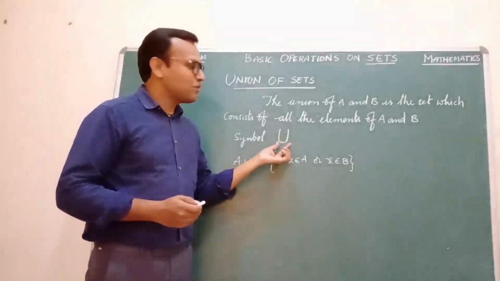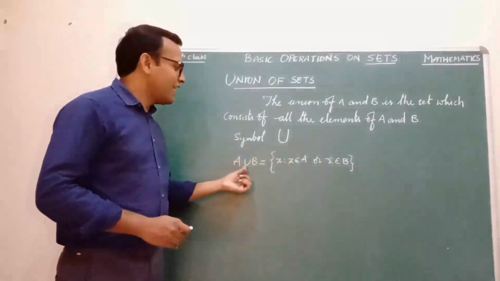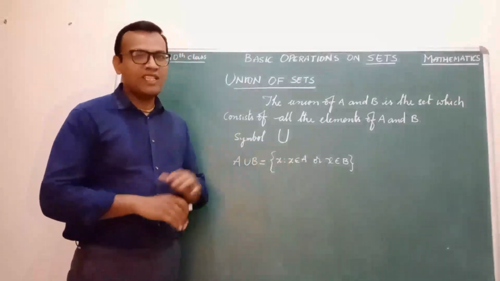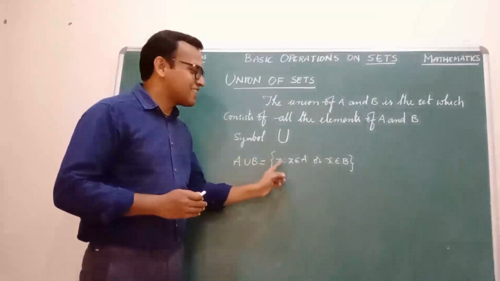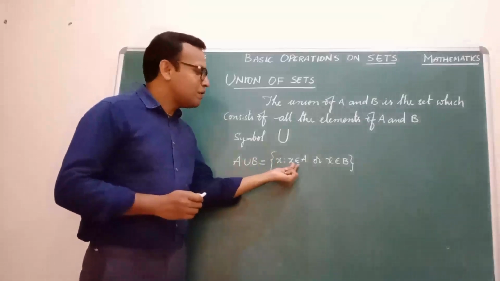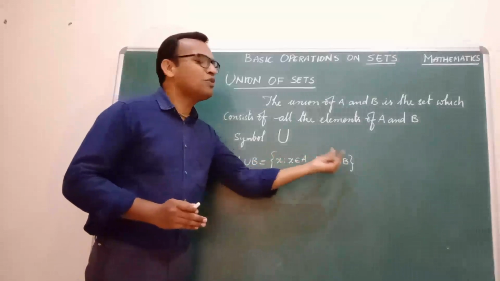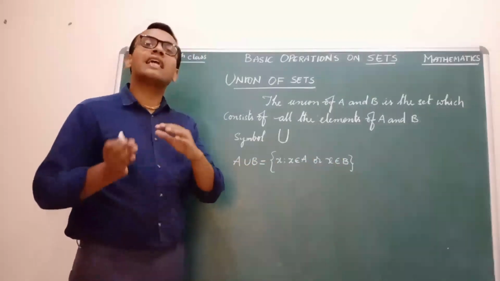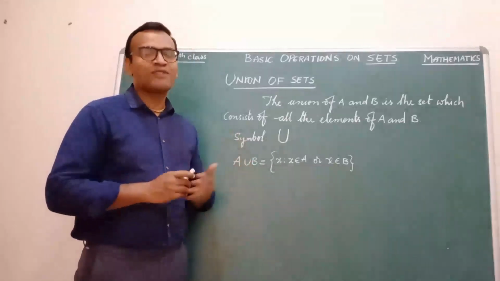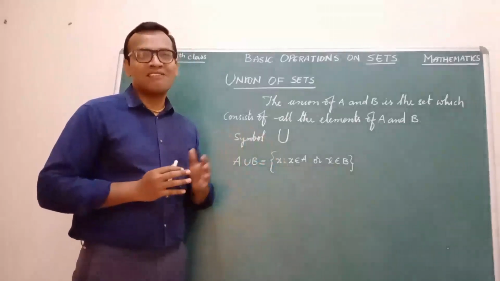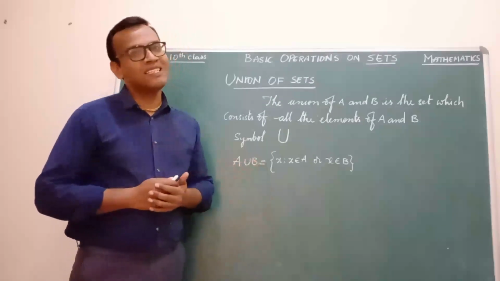This is read as A union B. So how is it defined? The set of X such that X belongs to A or X belongs to B. So X can be an element of A or it can be an element of B. All the elements from A and B put together form A union B.